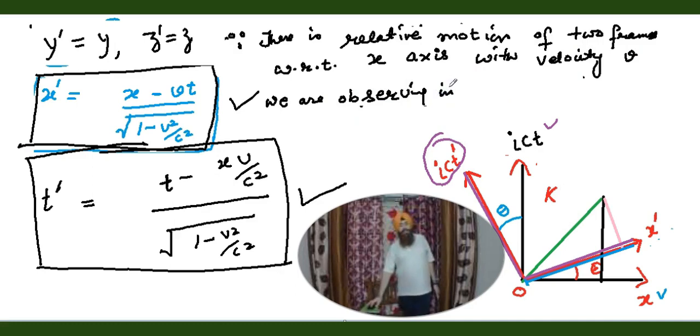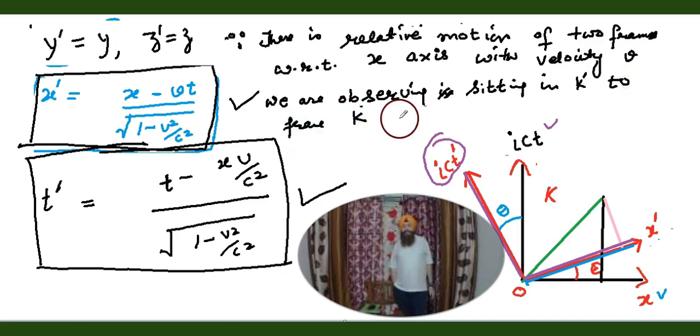So we are observing, sitting in the k dash frame, frame k, and with that the frame k is moving with velocity minus v. And now there are the reverse Lorentz transformation equations. It is very simple to get them: prime to unprime and changing v to minus v.